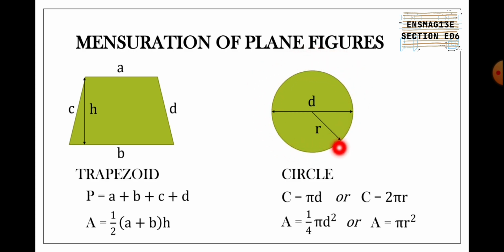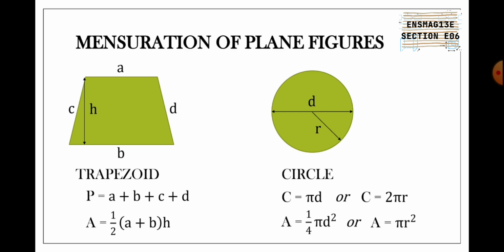To refresh our minds again, r here refers to your radius, which is equal to half of the diameter, which is your letter D. So, since a circle is a curved figure, the value of its circumference is equal to pi d.